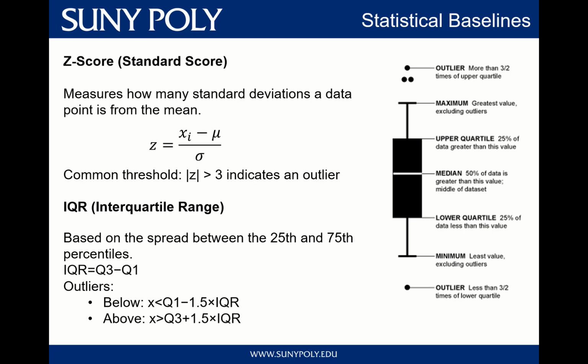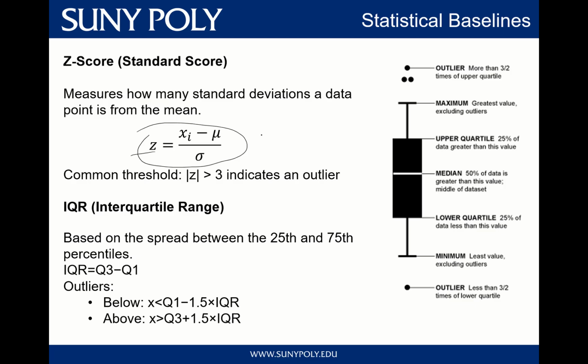Okay, so let's discuss some of these techniques. The statistical baselines, again, are very popular during the pre-processing stage in an end-to-end machine learning process. So z-scores allow you to find, per column and per numerical value, a variable that is z.